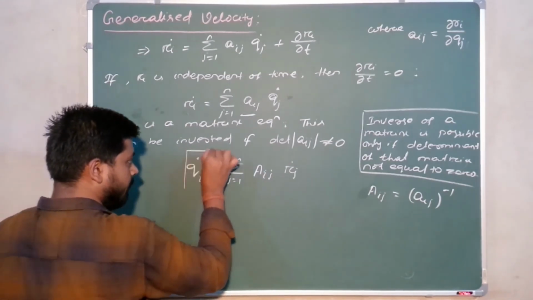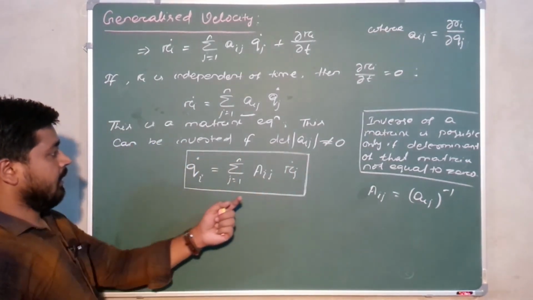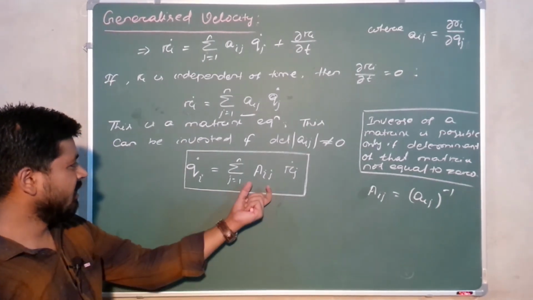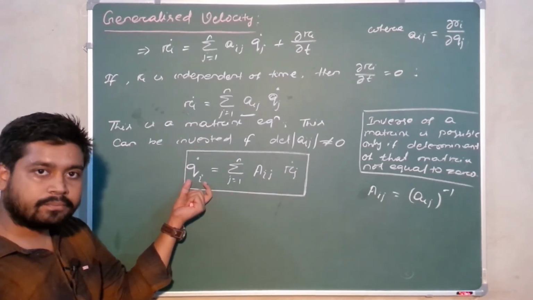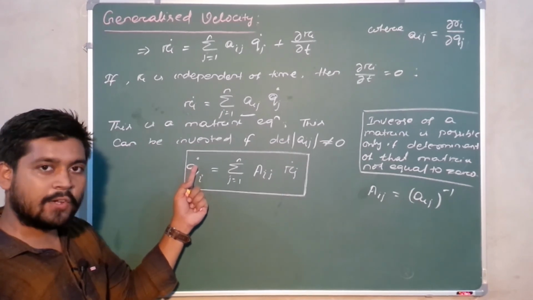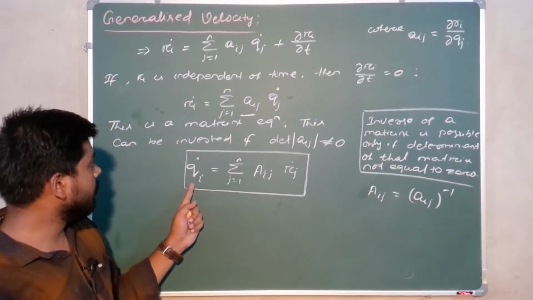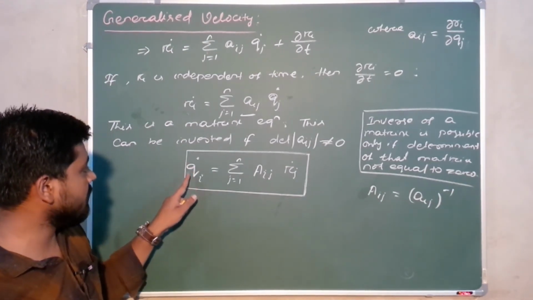Here Rj dot is the configurational space position coordinate's velocity, Qi dot means velocity, and Qi is the generalized coordinate. That is, Qi dot means generalized velocity.